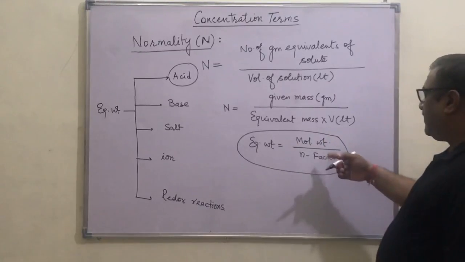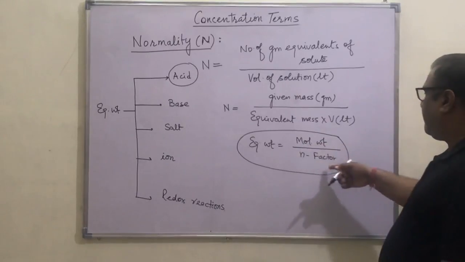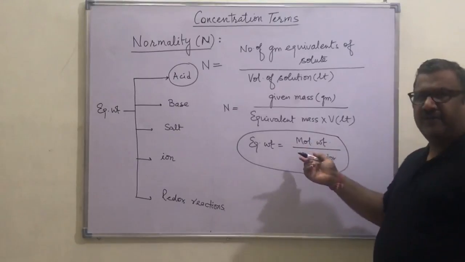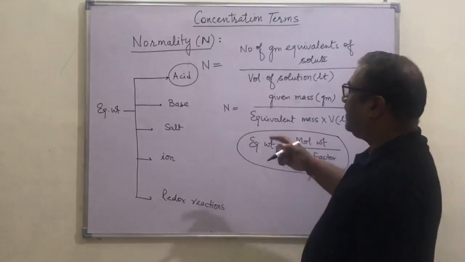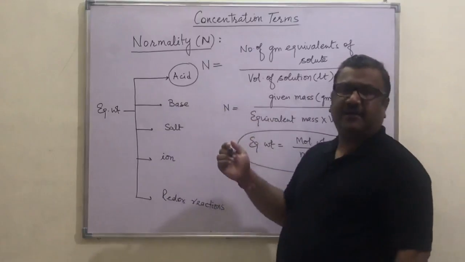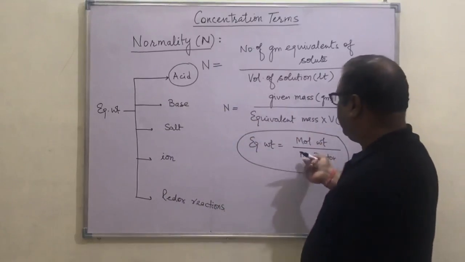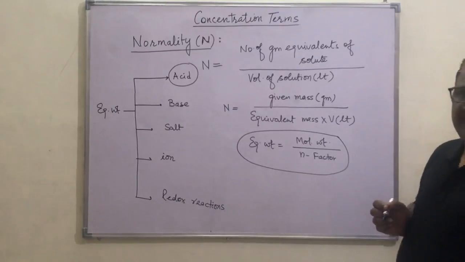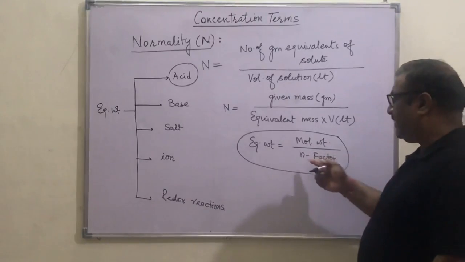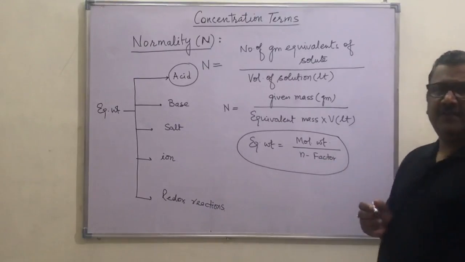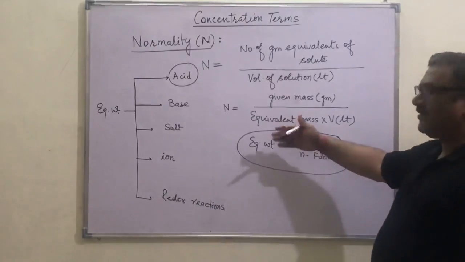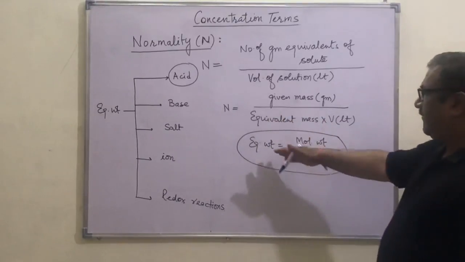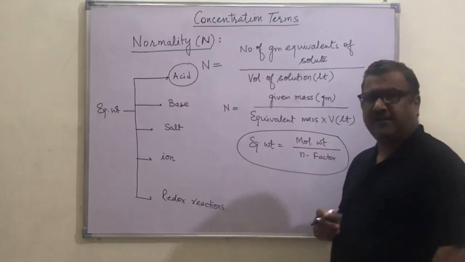For different species, the value of n factor will be different, and their molecular masses will be different obviously. But the important thing is, for the same species the molecular mass will be the same, but its n factor may vary from one case to another. That is the beauty of n factor, and that is why the equivalent weight of a species is not constant, not a standard value. In most cases, it will change from one case to another.